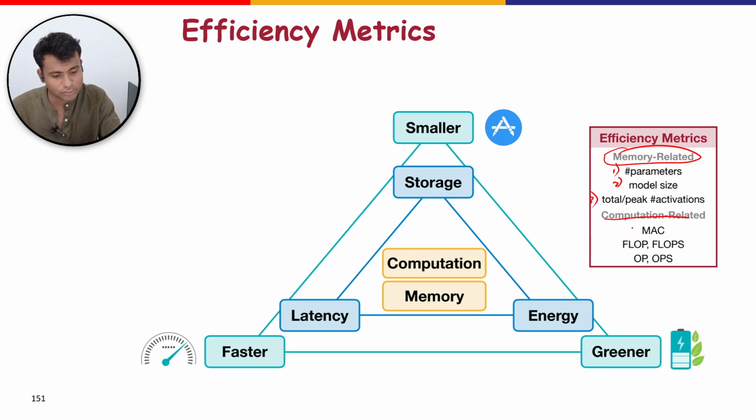These are all the memory related issues. From the computational side, we calculate the total number of multiply and accumulations which are to be performed inside the model in a complete pass. Then the floating point operations and floating point operations per second, and to generalize that, total number of operations and operations per second.